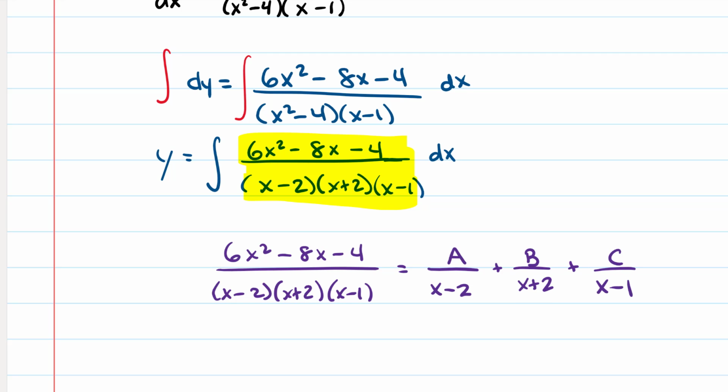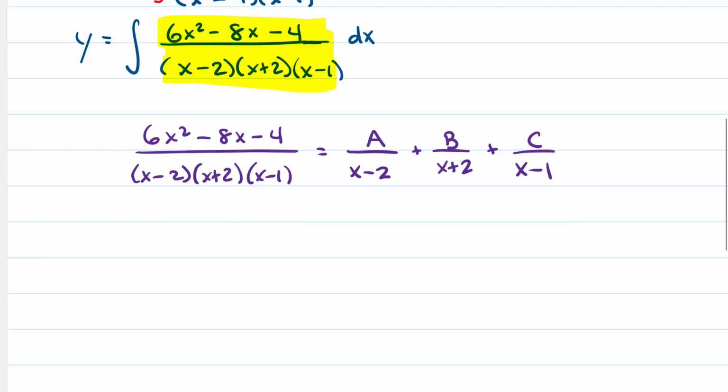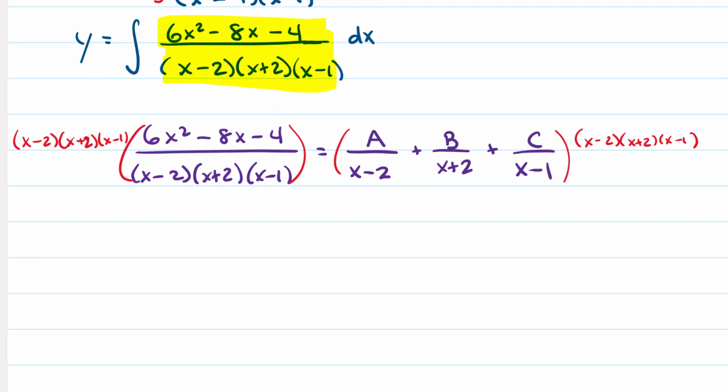So you're putting a letter for each of the denominators. And then we're going to multiply both sides by the LCD. If you want, you can write the terms out and then cancel them, or you can remember that it gets everything except the term it has. So for example, A is going to get x plus 2 and x minus 1 because the x minus 2 is going to cancel off.